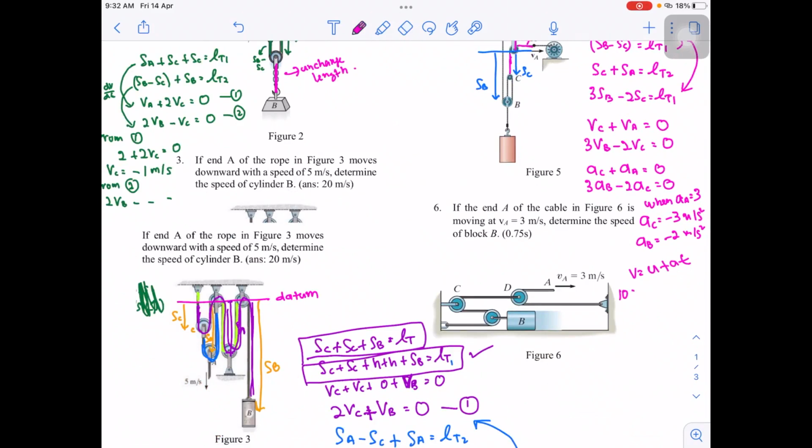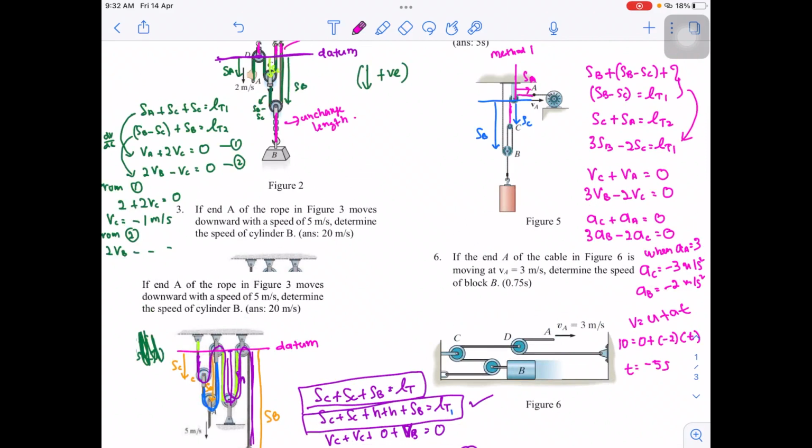So 10 is equals to 0 plus minus 2 times dengan T. Okay, so T is minus 5. Tak boleh minus 5 sebab A ni you ambil je dah positif sebab dia tak melibatkan direction. Equation ni tak melibatkan direction.